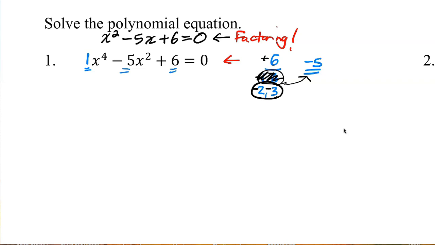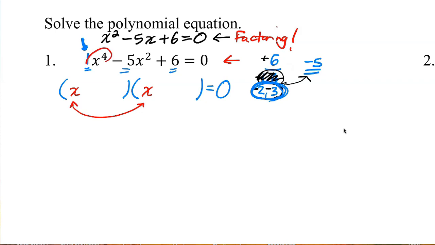We could rewrite it as 4 terms, but anytime you have a 1 for a leading coefficient, you can jump immediately, using these factors here, to the factorization. So I'm going to jump immediately to the factorization like this. And instead of having an x times an x, so don't write this, I'm going to write it in red, don't write this. Instead of having an x times an x, we're not going to have that because these two terms need to multiply to give us x to the 4th.